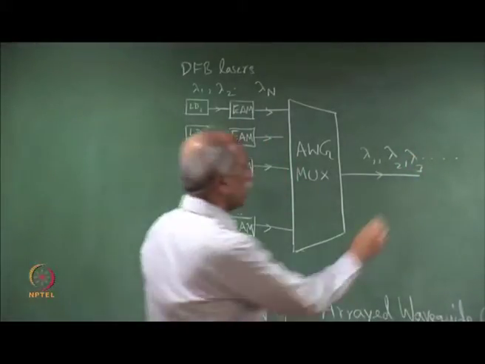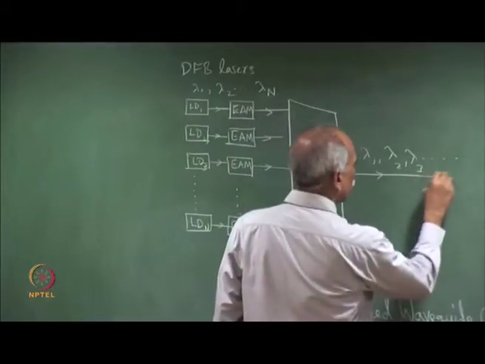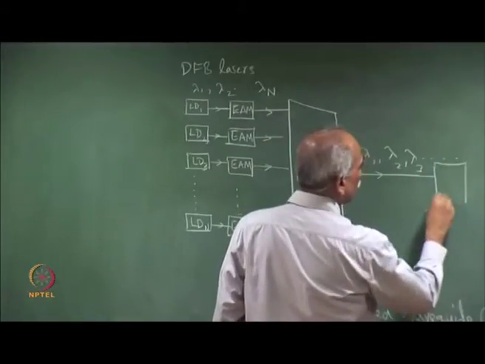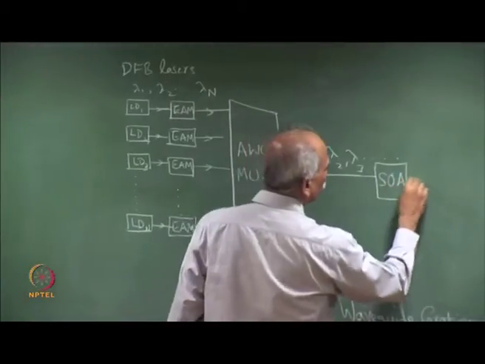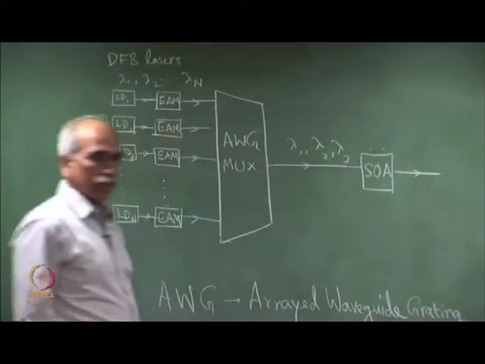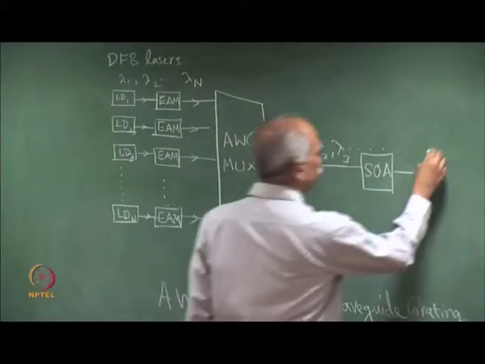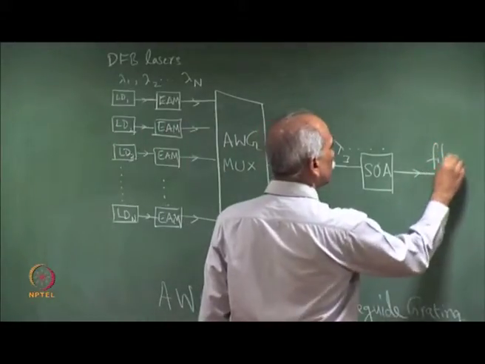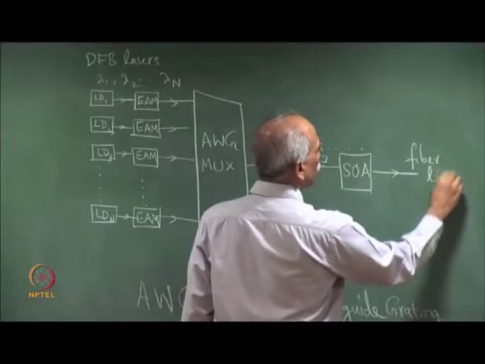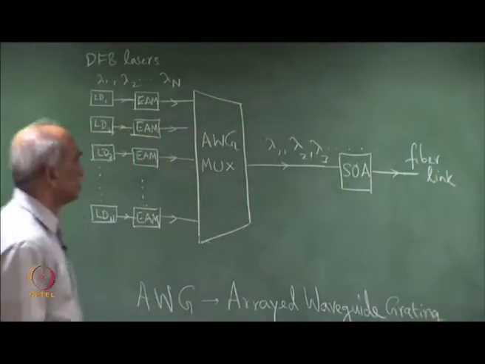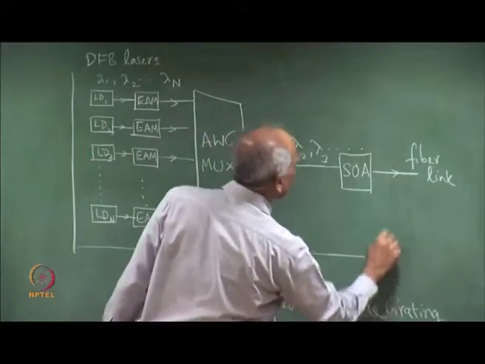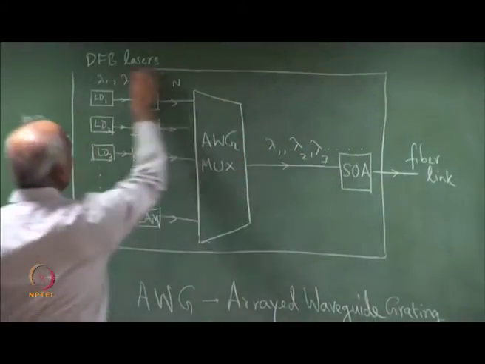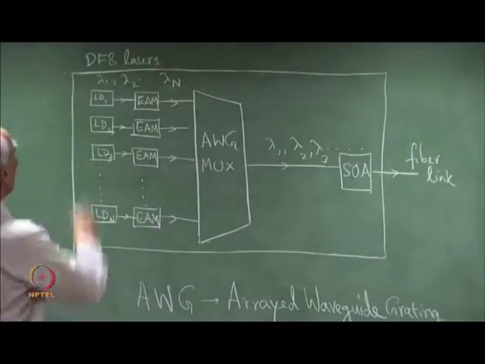There could also be an SOA here, before it goes over to the transmission line, to the fiber link. So, this whole thing could be integrated, for example, on a single semiconductor chip.